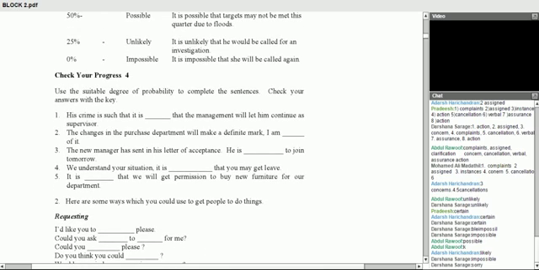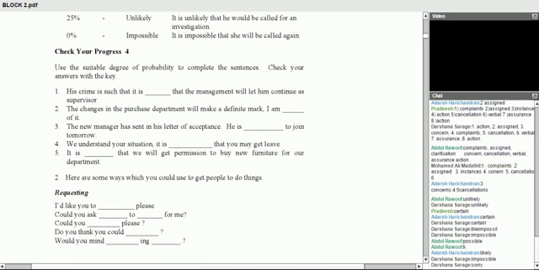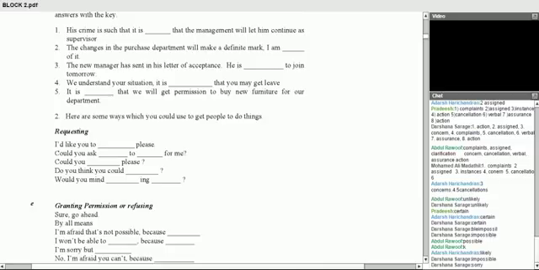Now, here are some ways which you could use to get people to do things. I would like you to dash, please. What should be the answer?